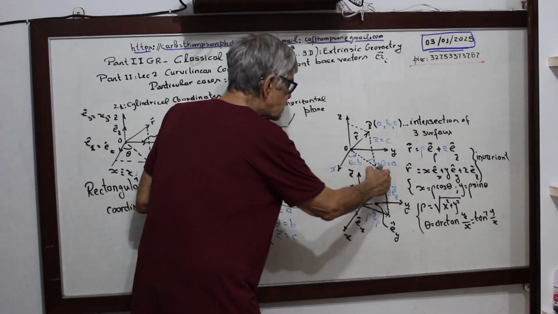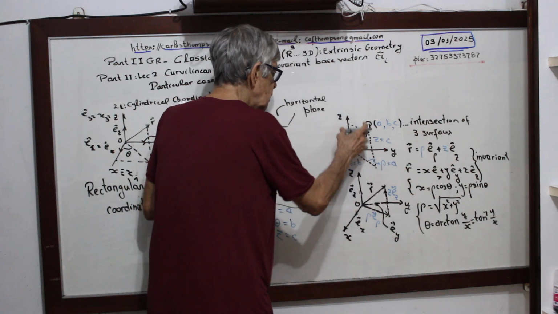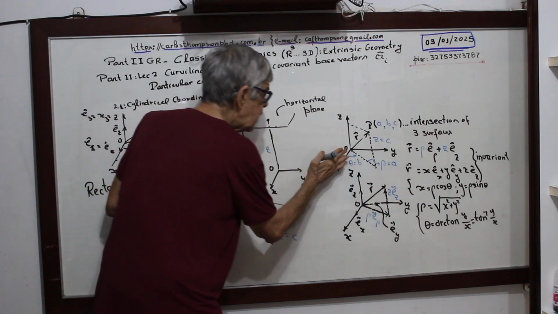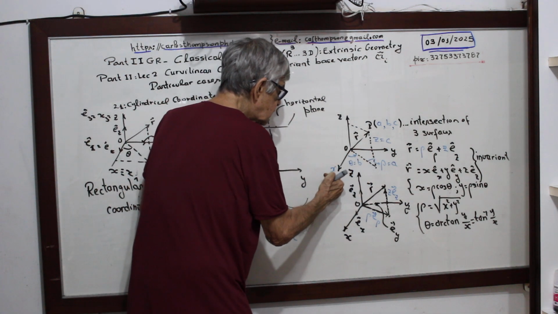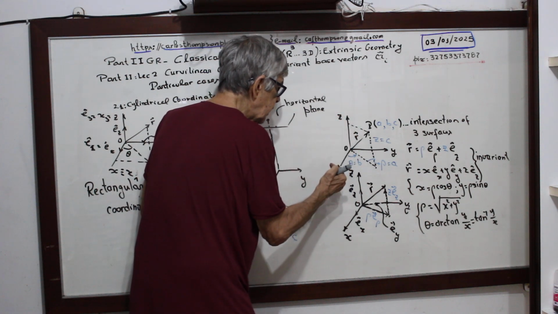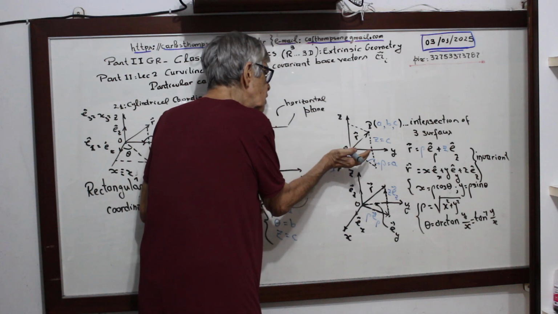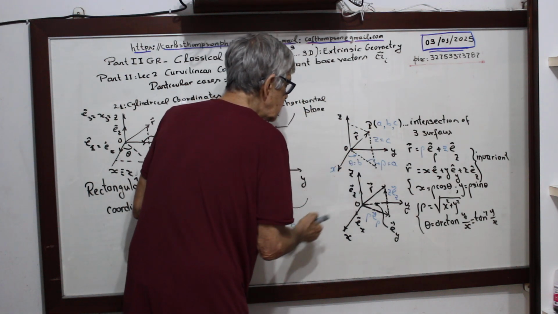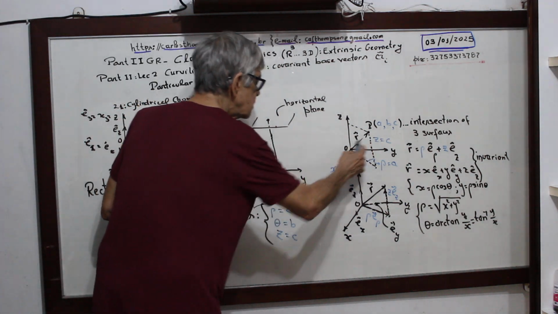You see, I have a cylinder of radius rho. Radius rho here, we bring it here. I have a plane whose origin is the x and z plane, rotated counterclockwise by convention. And this is the height.